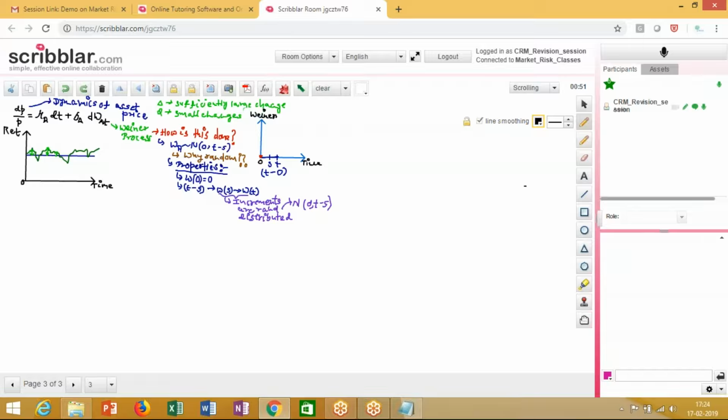So if they are random, it means what? That standing now, I cannot make a prediction. I cannot say what the value is going to be at time t. Similarly, standing at time t, if I backtrack, I cannot reach that value at s, because these two realizations are absolutely independent of each other, right? So given that the value starts at 0 and it moves, over successive increments the two realizations of this variable W are independent of each other.